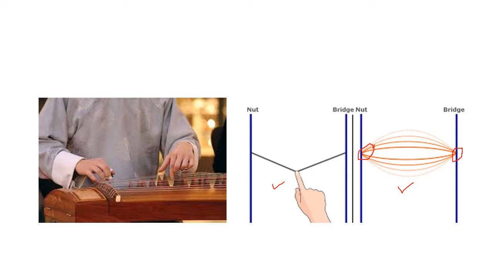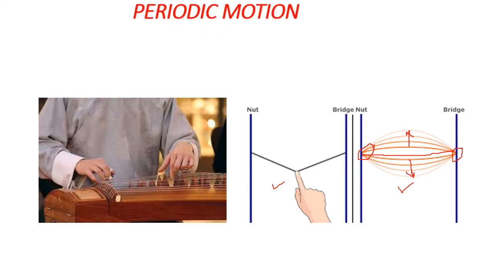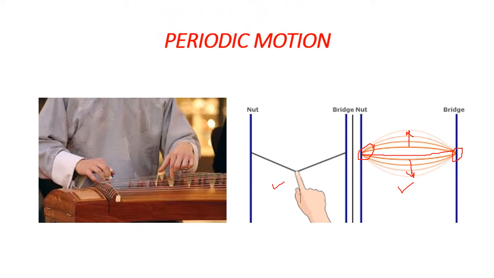Where is the central position? This is the central position, the original position. So when we pluck it, it moves up, it moves down, and it comes back to the original position. This motion of the string is repeated again and again at fixed intervals of time. Such motion is called periodic motion.